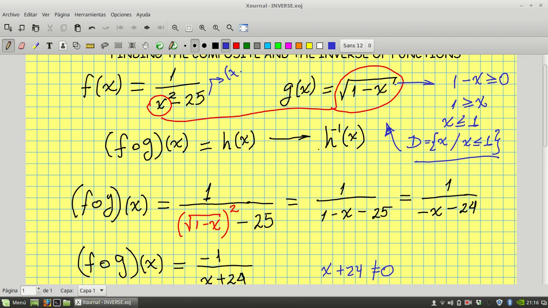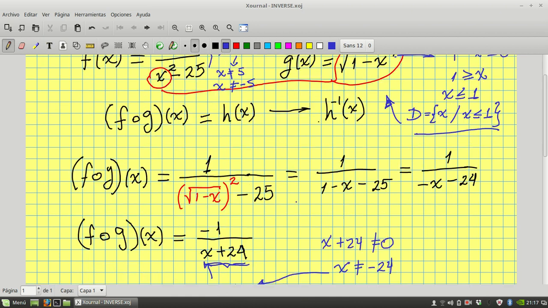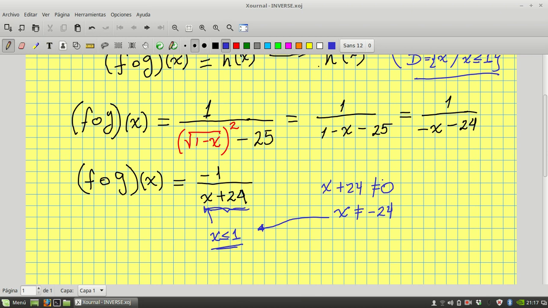Also, you've got to take into account that here, according to the domain of f(x), if I apply difference of squares, take into account that for f(x) it is not possible to have x equals 5 and x equals negative 5. So I should include here the condition for f(x), that is x is different than negative 5.